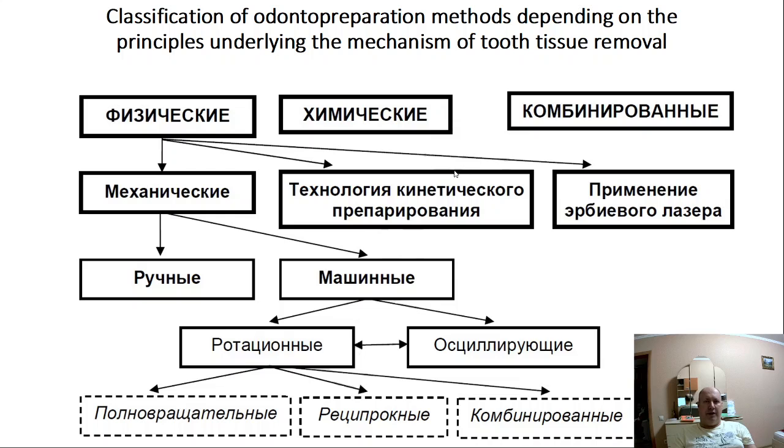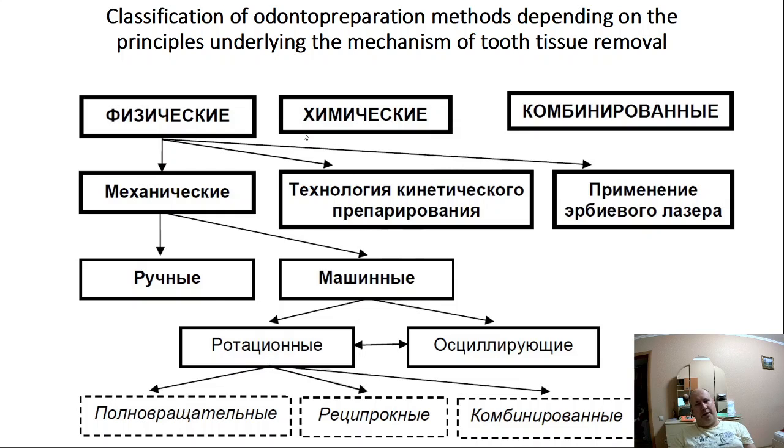Here you can see the classification. You can see different types of methods of dental preparation, depending on the principles underlying the mechanism of tooth tissue removal. Here are physical methods, chemical and compound methods. Physical includes mechanical, kinetic, laser.